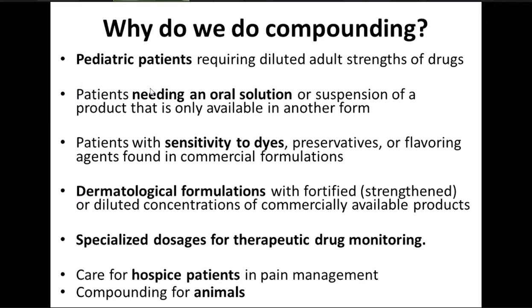I gave you something to do with a child's dose. So if an adult dose is 500 milligrams, what dose does a child require? So you do the calculation based on those formulas. If there are tablets or capsules available, a child may not be able to take those. So prepare it into an oral solution or suspension, which a child can take.